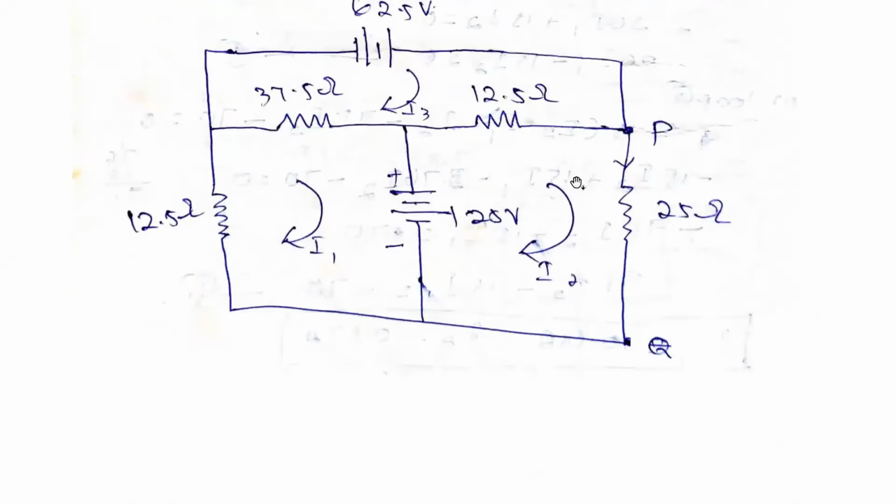Coming to loop 2, how do we calculate it? In this loop 2, the current is flowing from minus to plus. So we take minus 125 plus 12.5 into I2 minus I3, and again coming to this point, 25 I2, equal to 0.